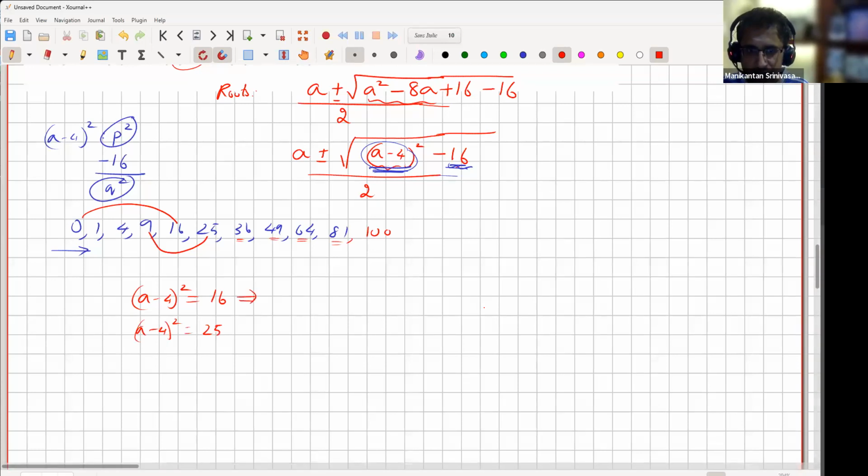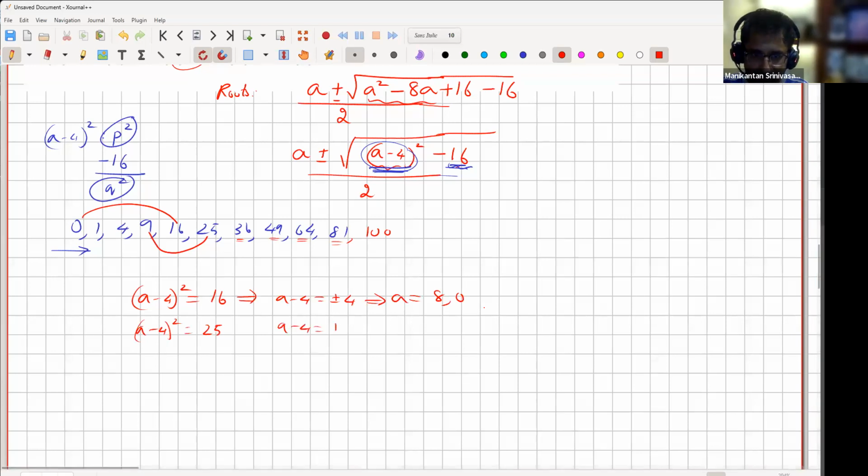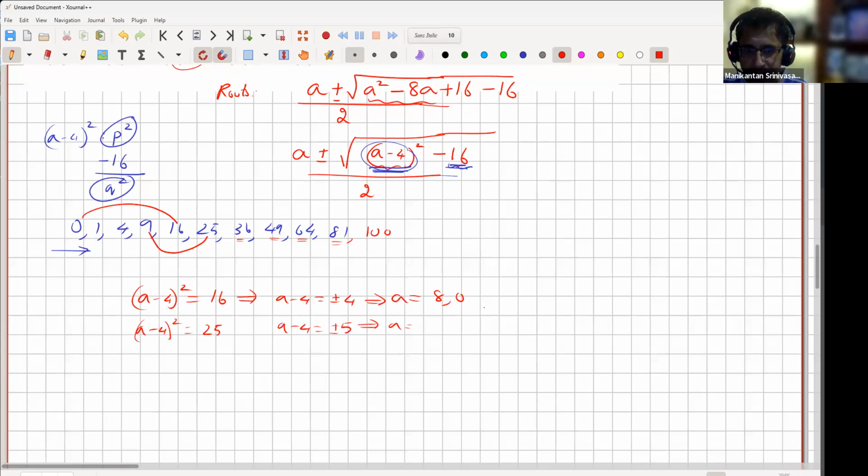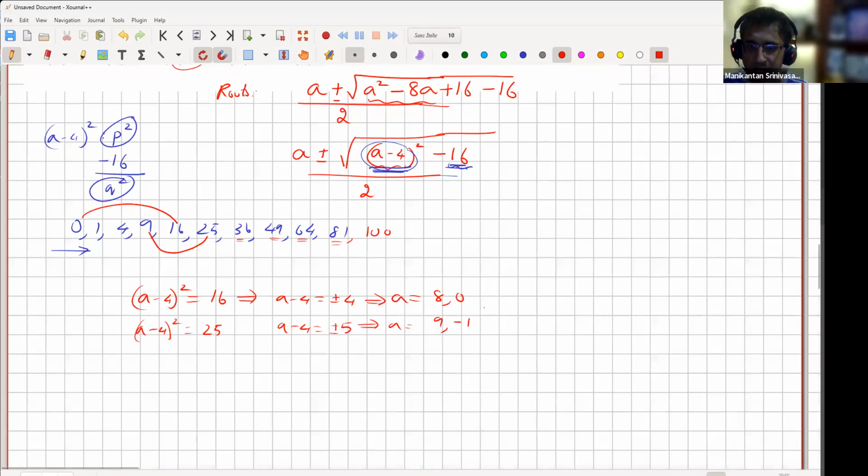So a minus 4 is either plus or minus 4, which means a is either 8 or 0, or a minus 4 is plus or minus 5, which means a is, when you bring the 4 to the other side, 4 plus or minus 5, 9 or minus 1. Okay, so the possible values for a are only these: 8, 0, 9, and minus 1.